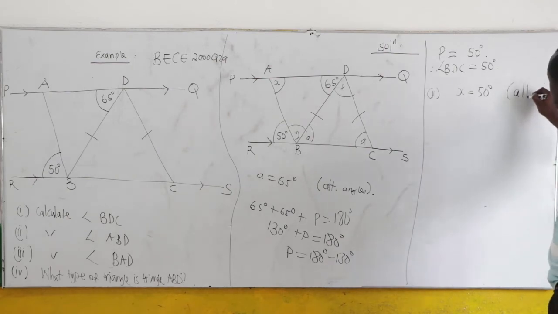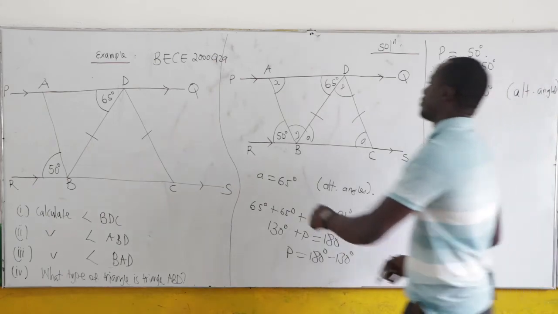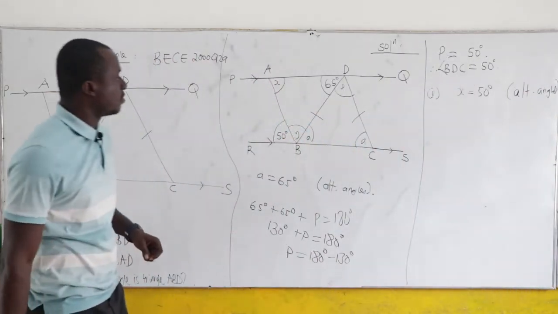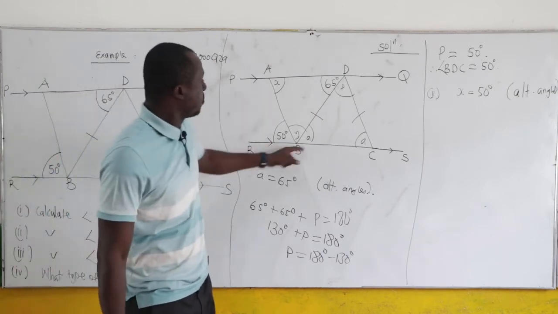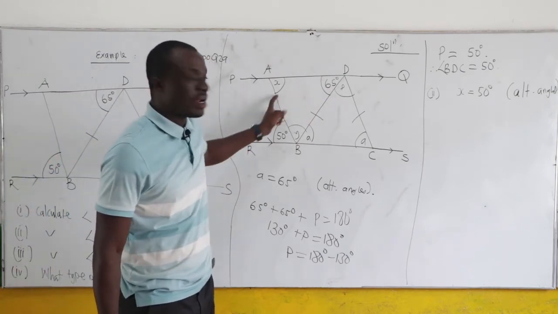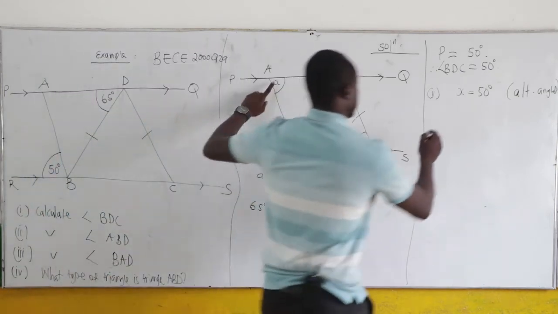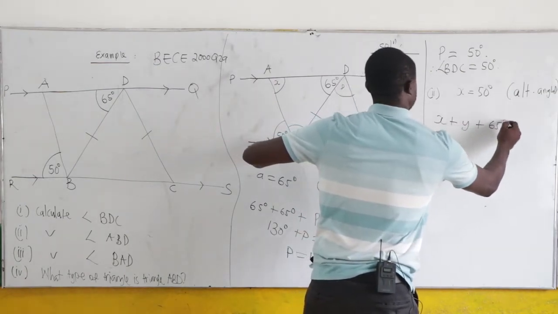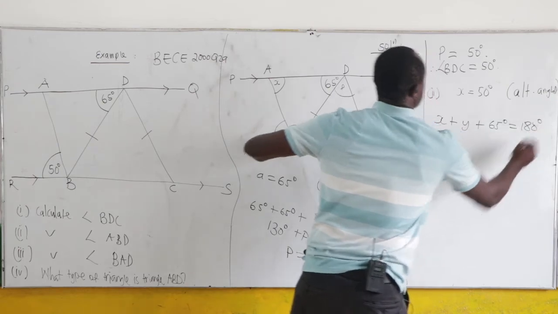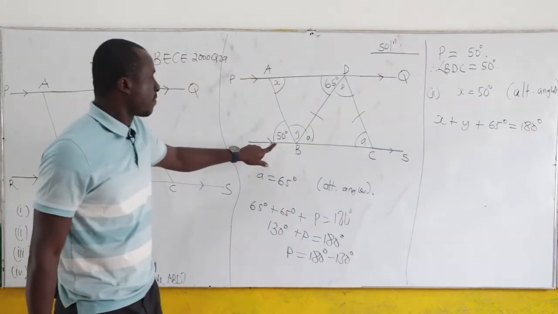What's the main reason why they are alternating angles? So we want to find the angle over here, ABD. Sum of angles in a triangle equal to 180 degrees. So we have X plus Y plus 65 degrees equal to 180 degrees. Now what is the X?